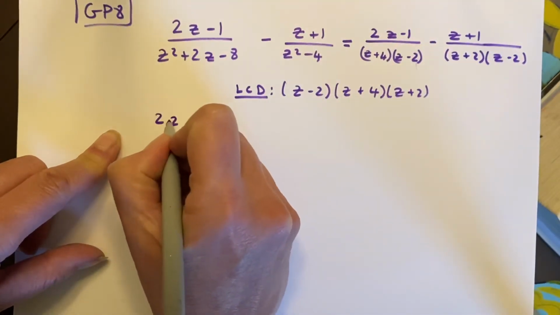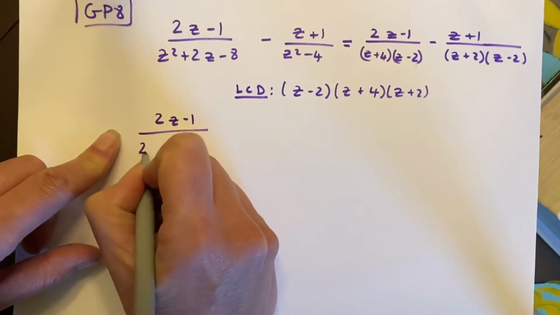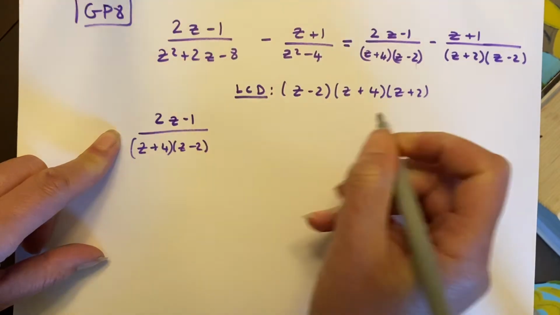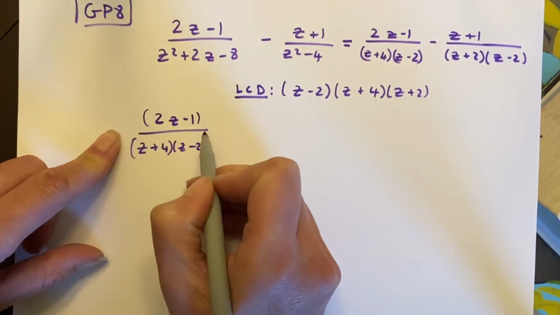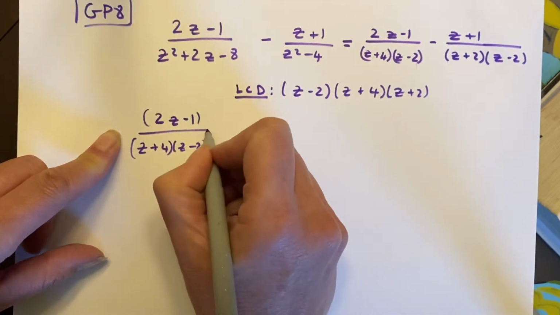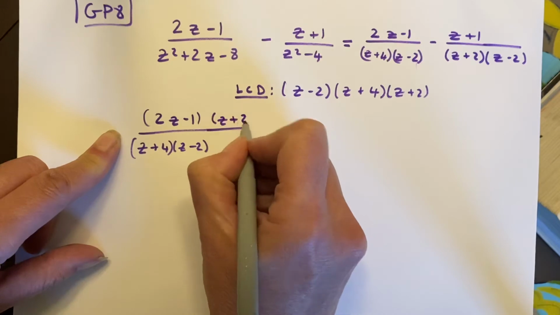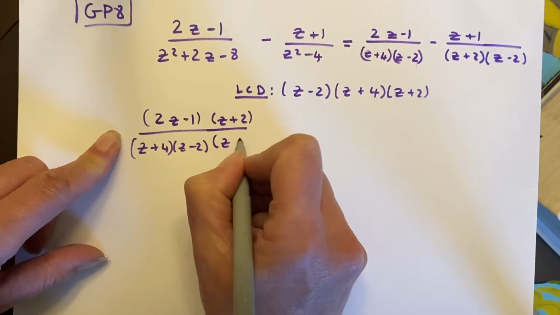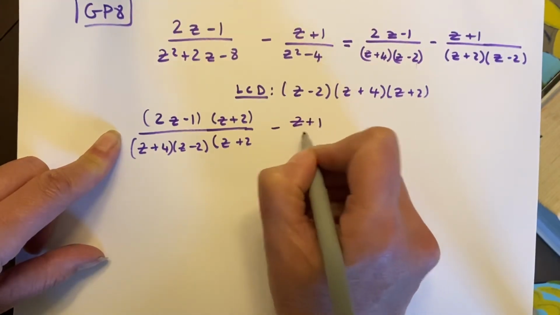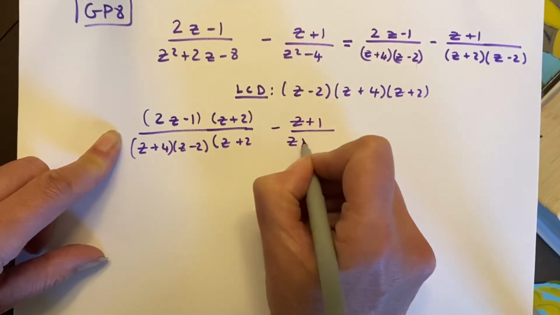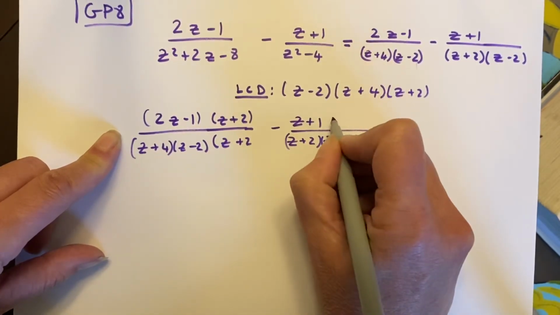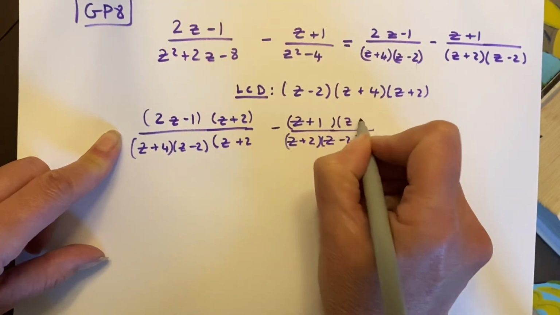So 2z minus 1 over z plus 4, z minus 2. And in order to get the full least common denominator, I have to multiply top and bottom by z plus 2. And now on this side, I have z plus 1 over z plus 2, z minus 2, and I have to multiply top and bottom by z plus 4.